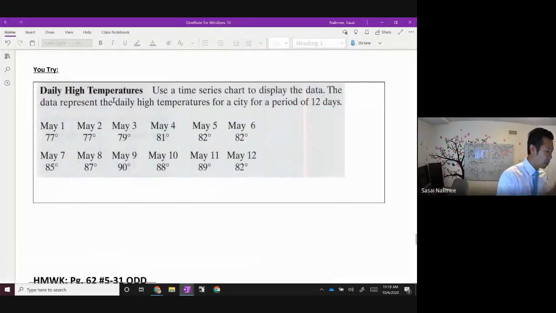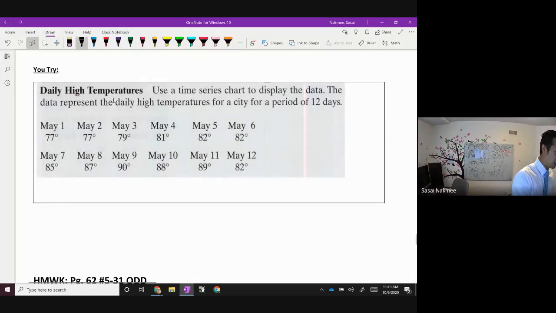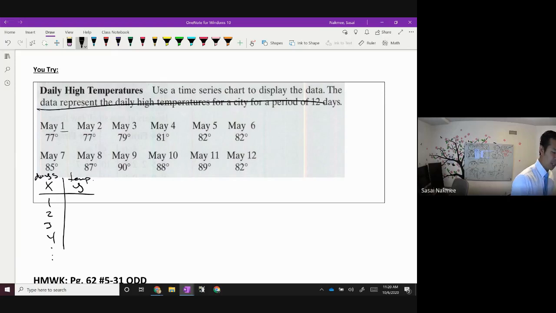So if I was going to do this Try It, which I suggest you actually try yourself, the x value will be your days, right? Hopefully you guys can see that your days are going to be day 1, day 2, day 3, and day 4, and so on, all the way up to day 12. And your y-axis is going to be your temperature, because that's what we're measuring here, the daily highs.